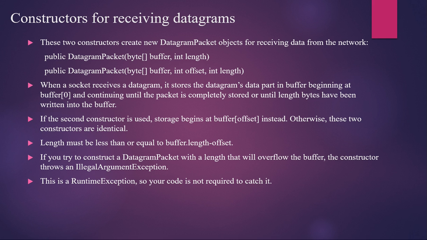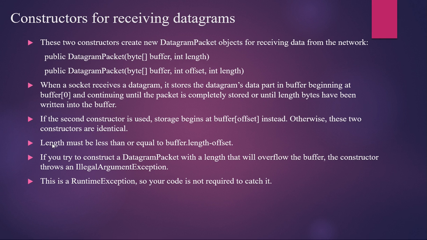Suppose the length of this data is 6 bytes. Starting from 0 till 6, the buffer at the receiver end will store that data. If the second constructor is used, the storage begins at buffer offset instead. Otherwise, the 2 constructors are identical.